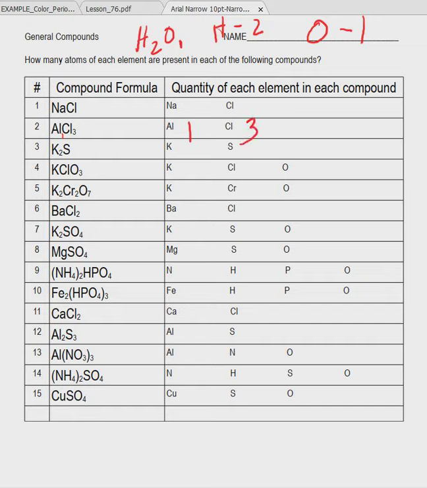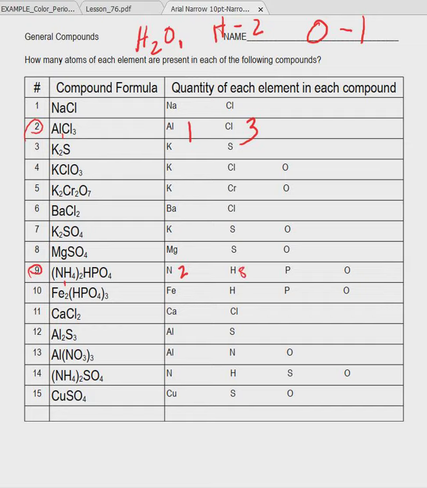Now, when it starts getting like number 9, where there's a subscript on the outside of parentheses, you multiply the number on the outside by everything in the parentheses. So 2 times 1 for nitrogen would be 2. 2 times 4 is 8.